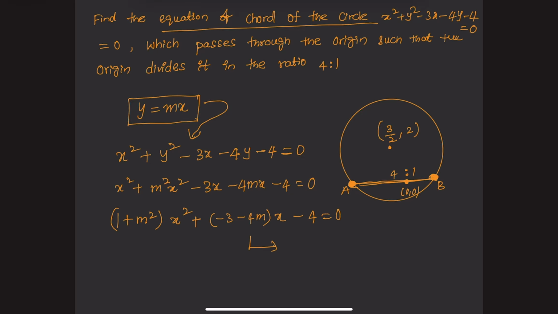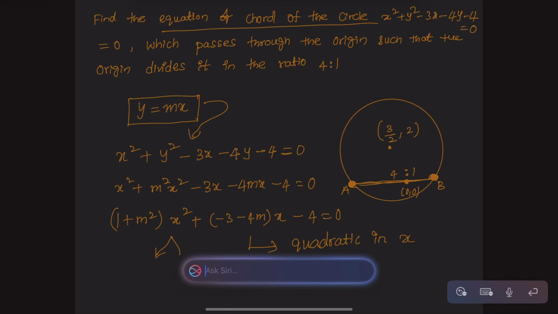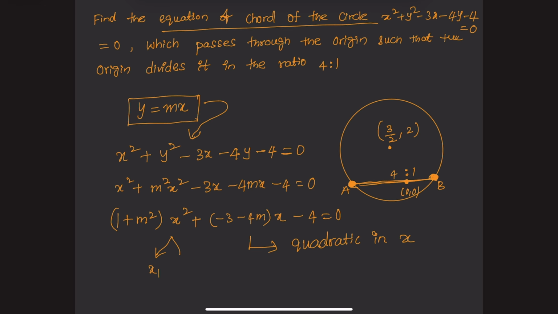If you observe, this is a quadratic equation in x. Alright. So it will have 2 roots, x1 and x2. So x1 will be the x coordinate of this point and x2 will be the x coordinate of this point.